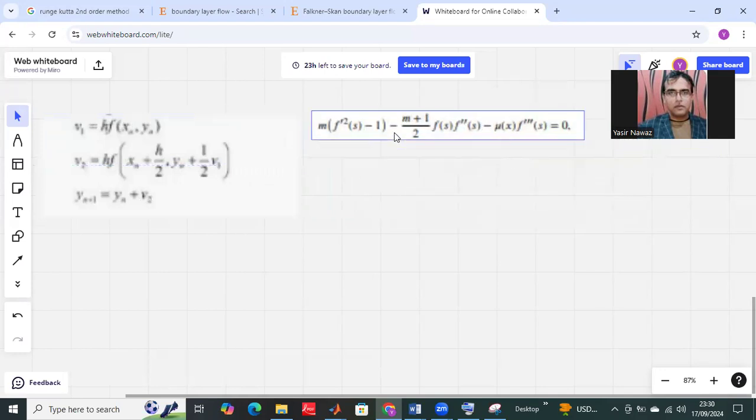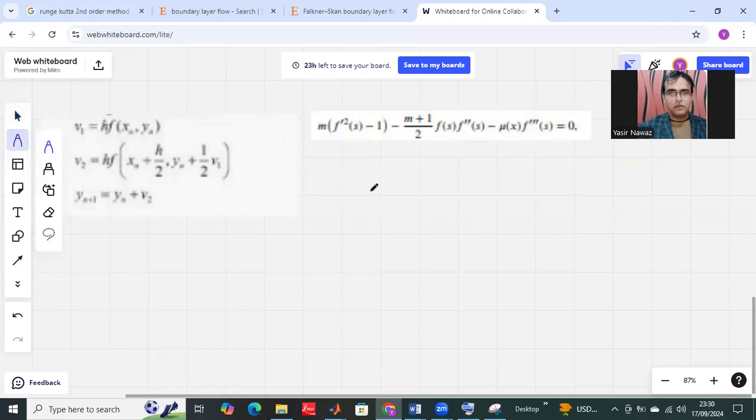First, I will convert the system into a system of first order equations. So I will use f prime is equal to g, and f double prime, which is g prime, is equal to h.